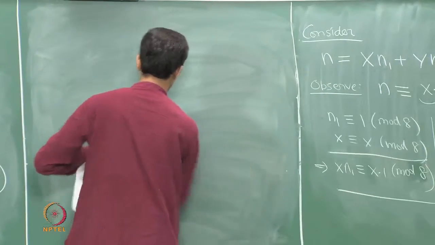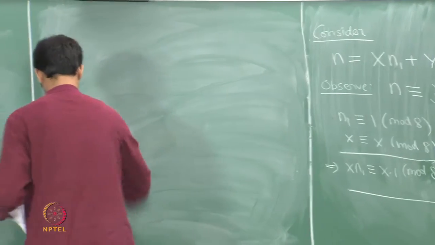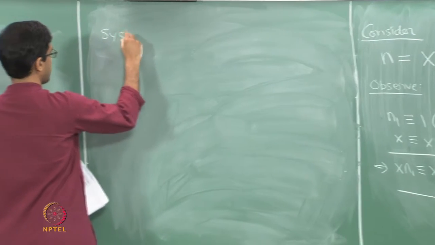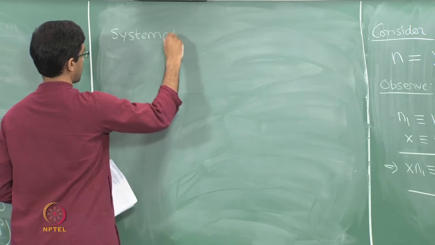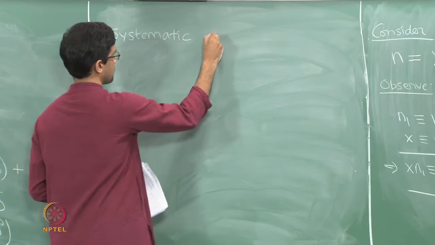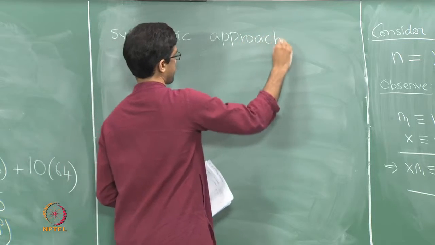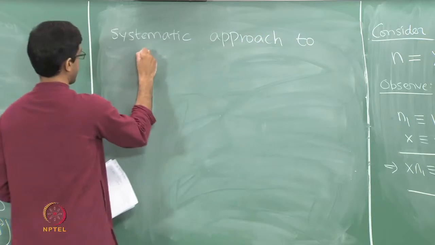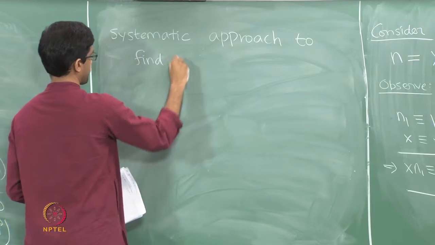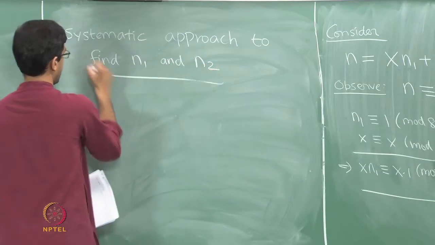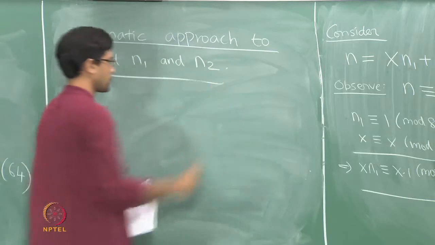That's the approach I will describe next. We need a systematic, more algorithmic approach to find n1 and n2.